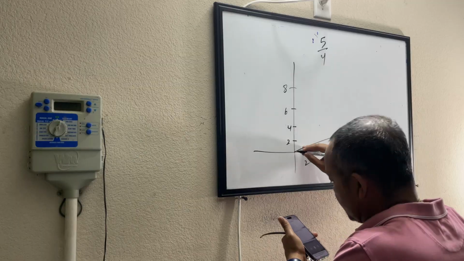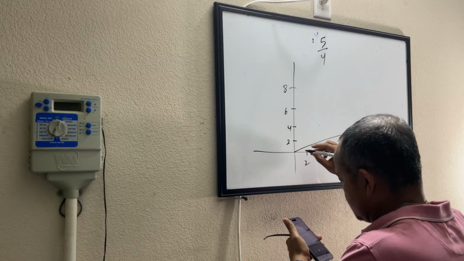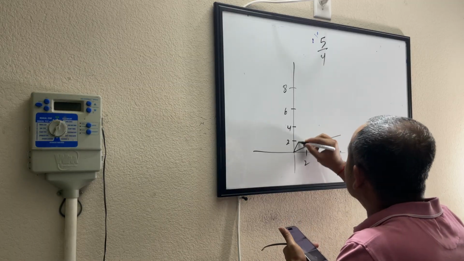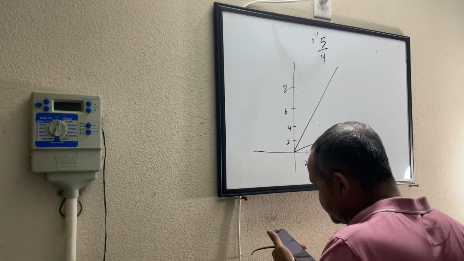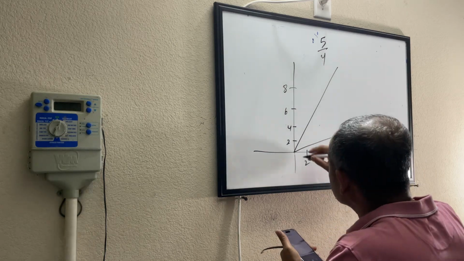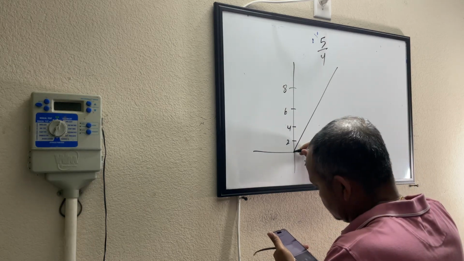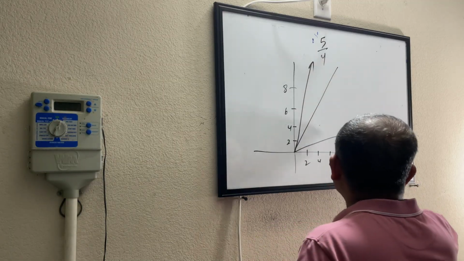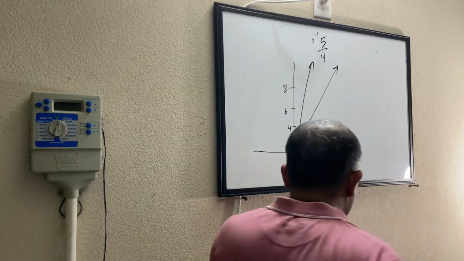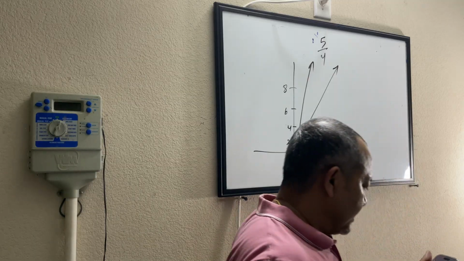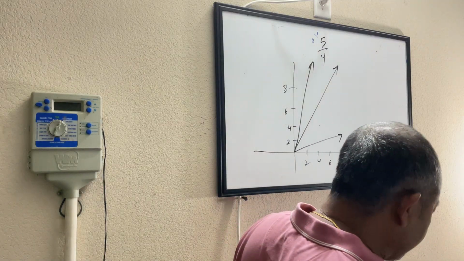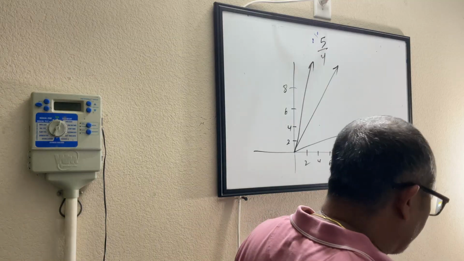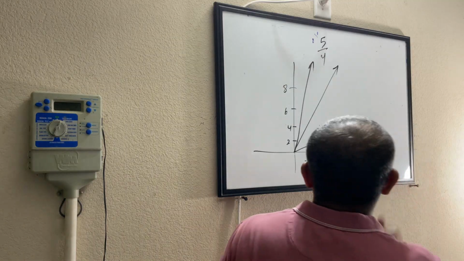Second one went from here to here. So you have 3 lines here, and it asks which line has the constant of proportionality as 5/4.